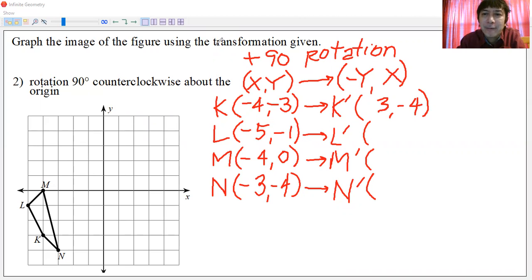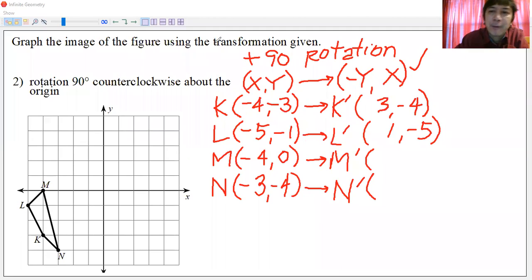Next, L prime. Interchange first, so this becomes -1 and -5. According to this rule, the number you put in place of x will be reversed in sign, so this -1 will become a +1.